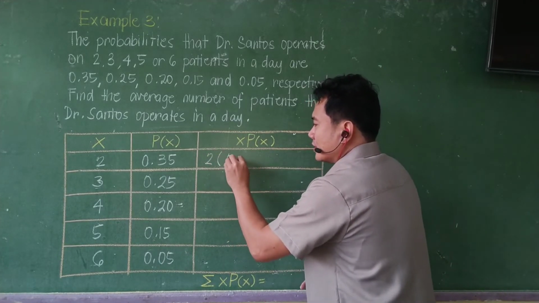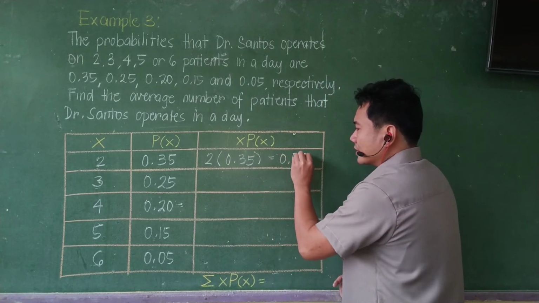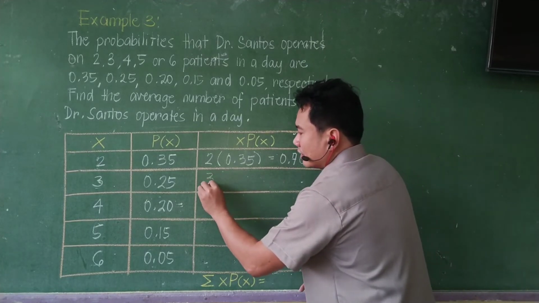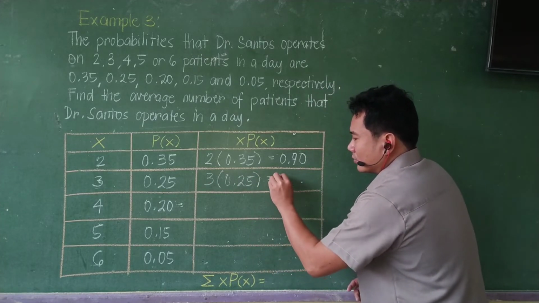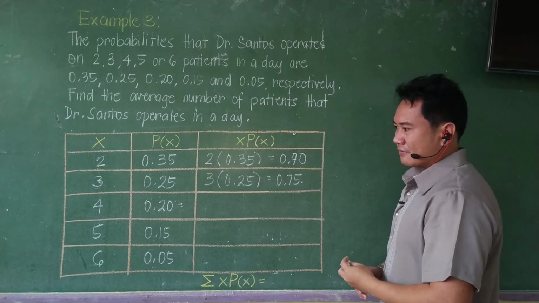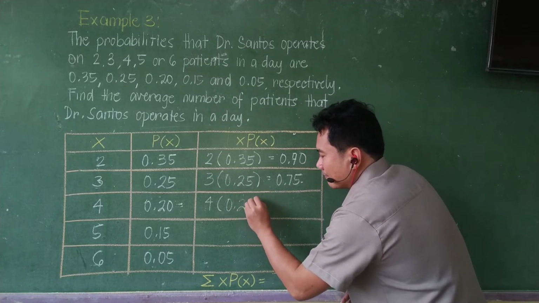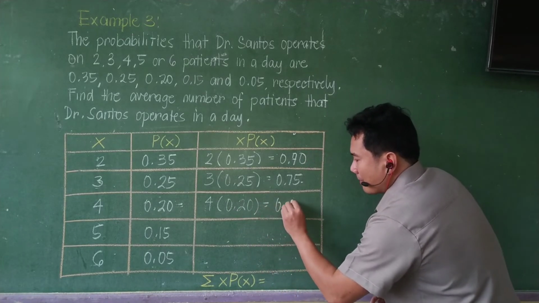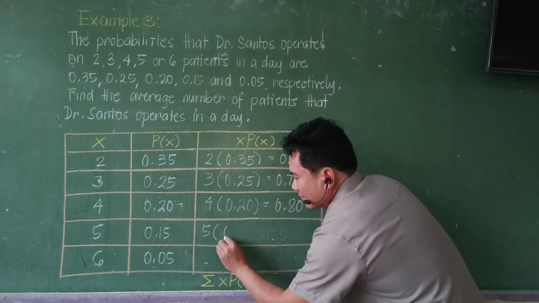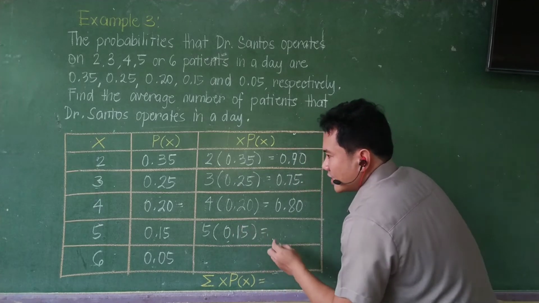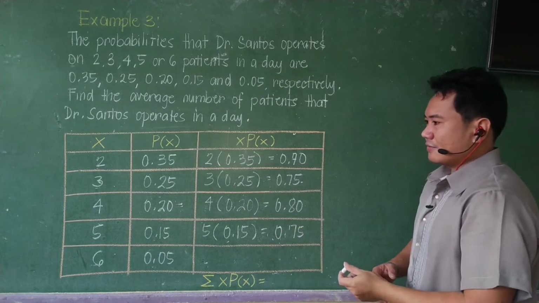2 times 0.35 is equal to 0.70. 3 times 0.25 is equal to 0.75. 4 times 0.20 is equal to 0.80. 5 times 0.15 is equal to 0.75.